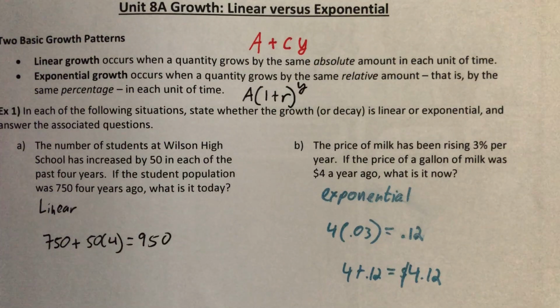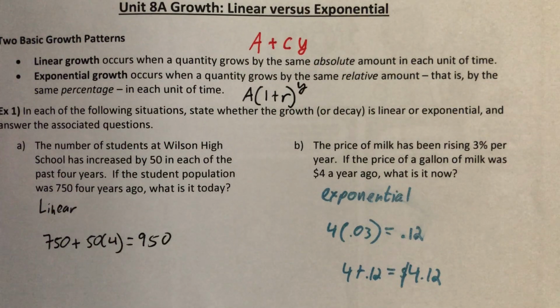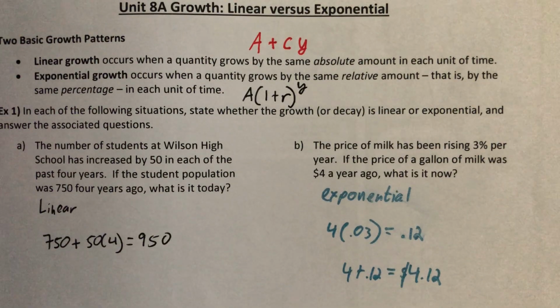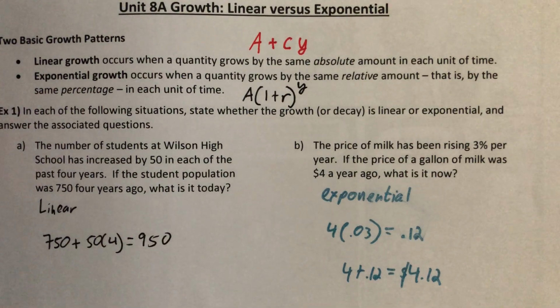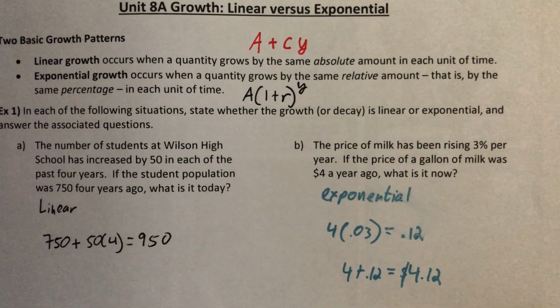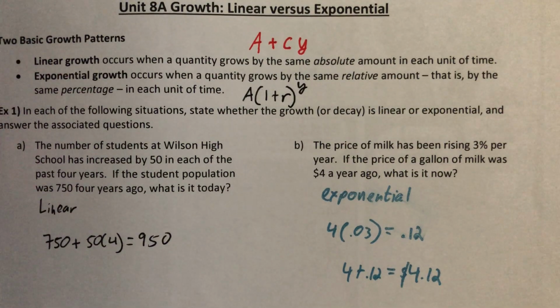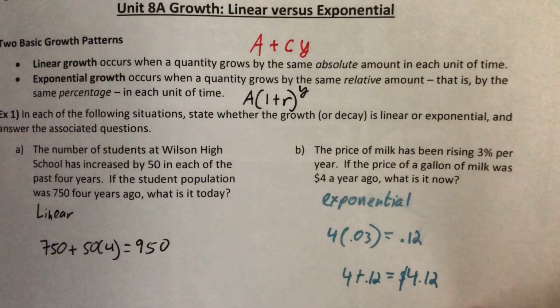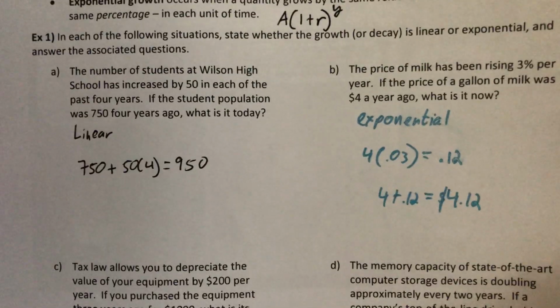And then you're going to close the parentheses and raise it to the power. Or you can run it out if you would like to do it as well. Now, if it is decaying, that means it is decreasing. Then it's going to be a subtract, but you would realize that you are decreasing, so it's a minus sign. All right, so let's take a look at some of these.